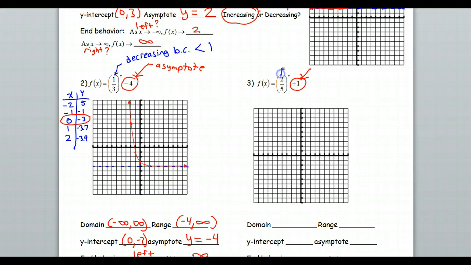You should be able to tell me right now whether or not this function is increasing or decreasing. 2/5, that's going to be decreasing because it's less than 1. So I already know this is going to be decreasing. And I already know that this is going to be the asymptote.